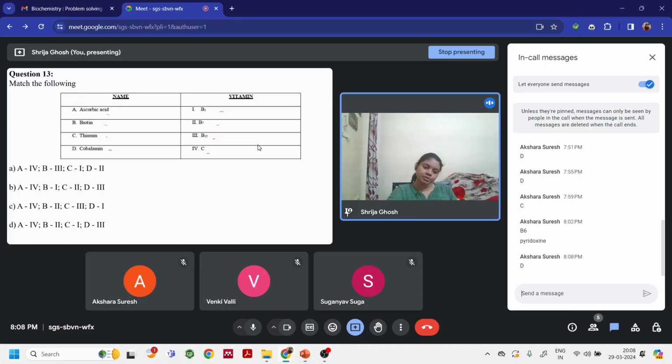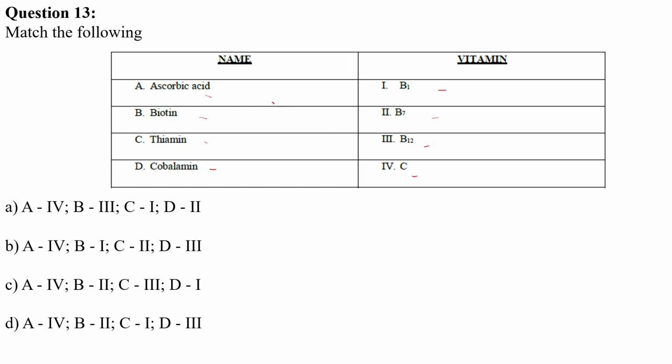Come on, what would be the correct answer? Okay, Akshara has answered option D. Let's see if option D is the correct answer here. Ascorbic acid, what is ascorbic acid? It is vitamin C. Okay, so A4, correct.